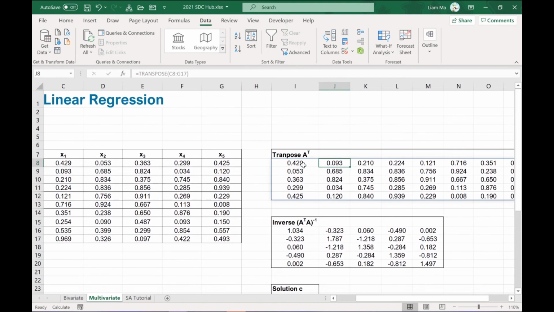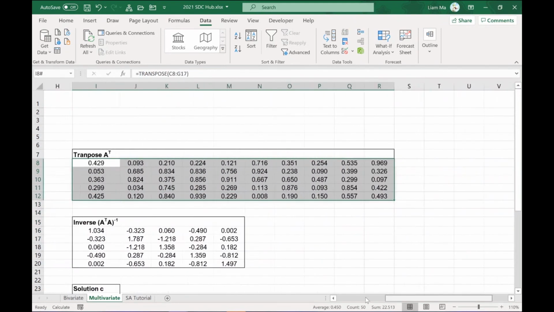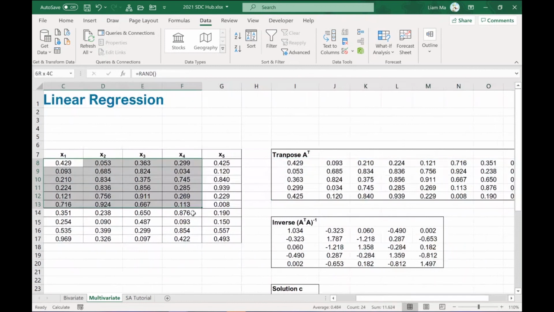And the next step after that is to multiply the transpose matrix by the original matrix. And to do that, you need to have knowledge of matrix multiplication. So the idea is to basically multiply this large grid that's been rotated 90 degrees by this matrix, the original matrix.